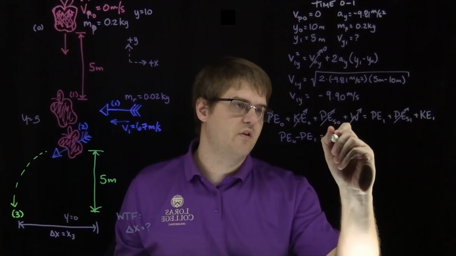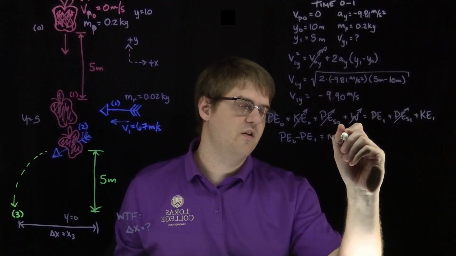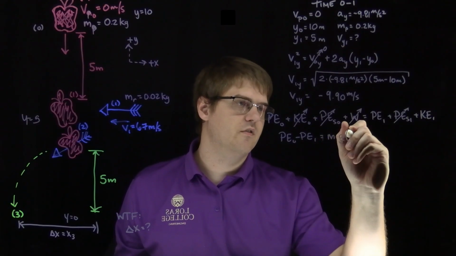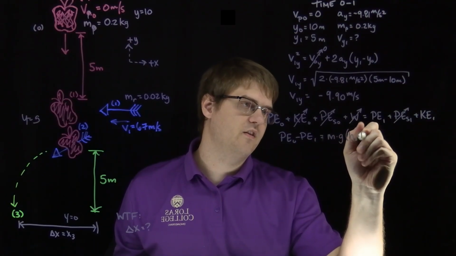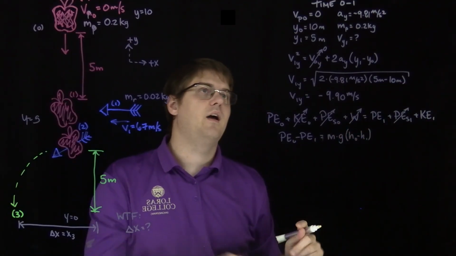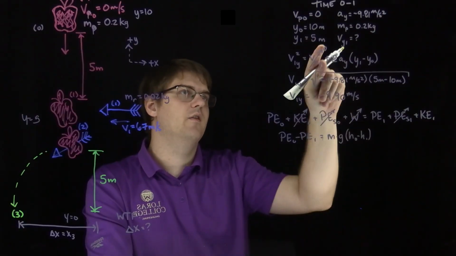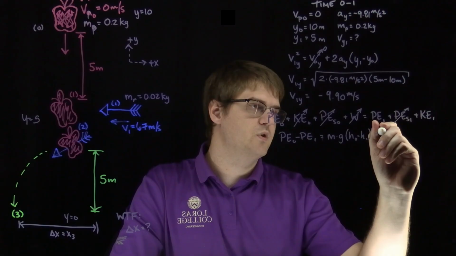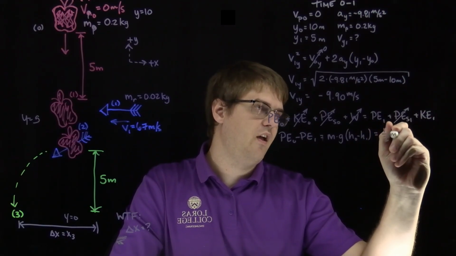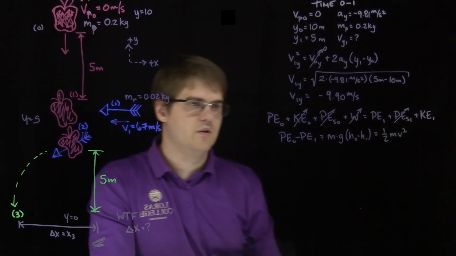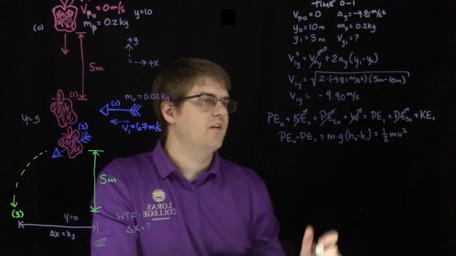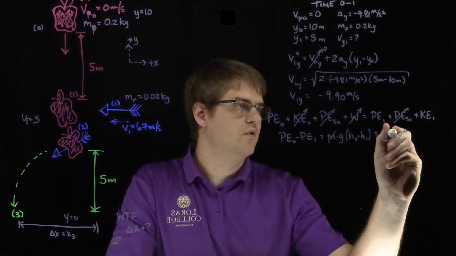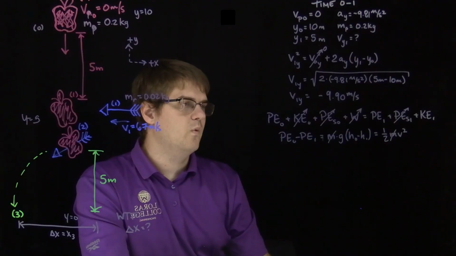We'll do mass times gravity times height of 0 minus height of 1. Height of 0 is 10, height of 1 is 5, is going to be equal to kinetic energy, which is 1/2 mv squared. In this case, my masses cancel. That's why I left it like that.